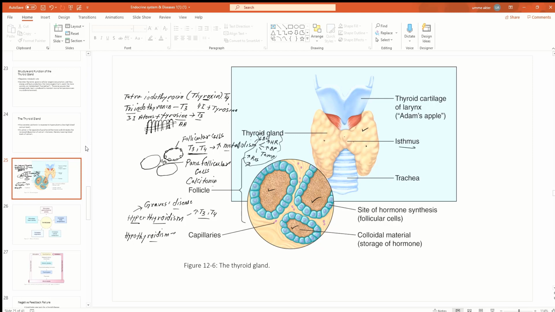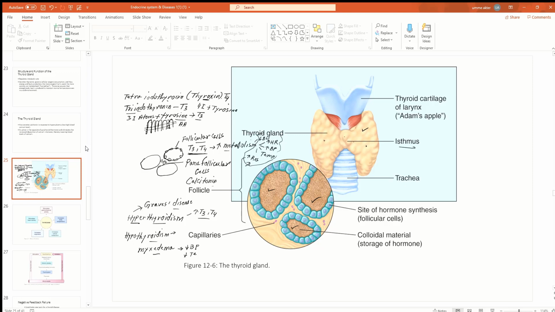Prolonged hypothyroidism can lead to a clinical condition that is called myxedema, okay, in which the blood pressure will be low, right? Body temperature will be low. The person will be susceptible to cold, so easily will feel cold than normal people.